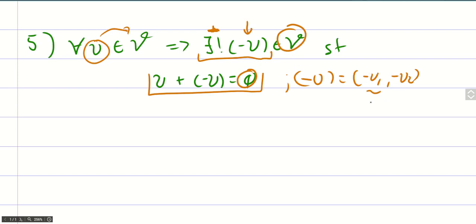And you can see that this is still a real number and this is still a real number, therefore it is part of this space V.